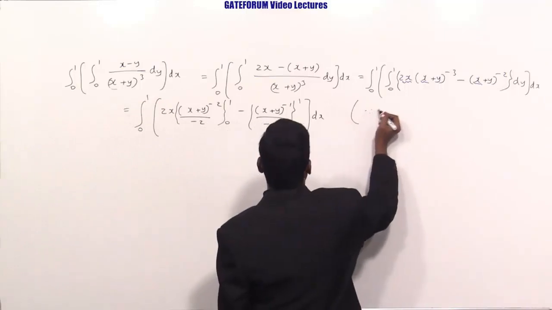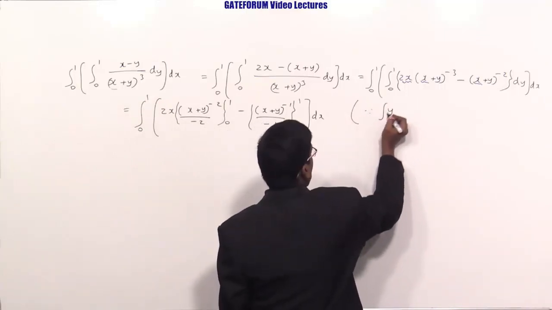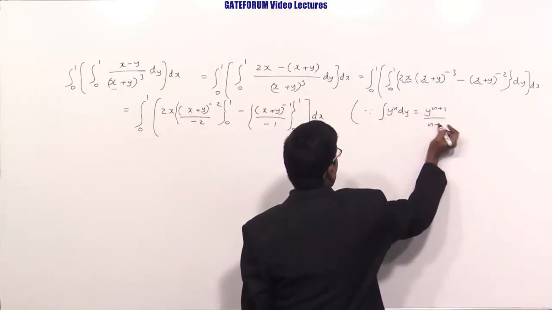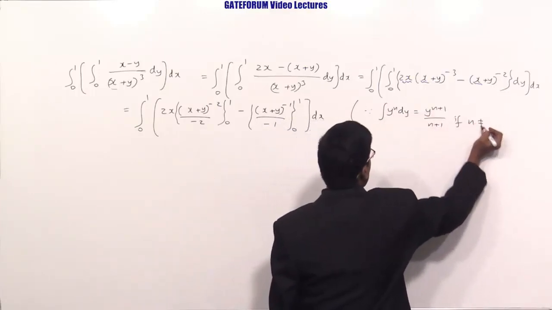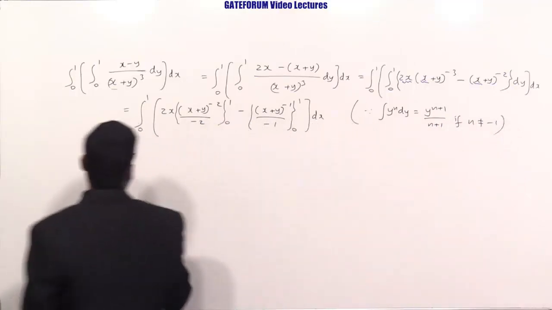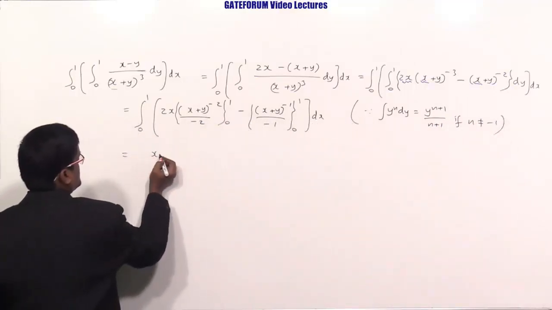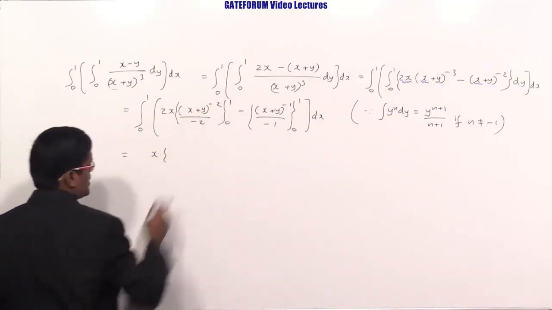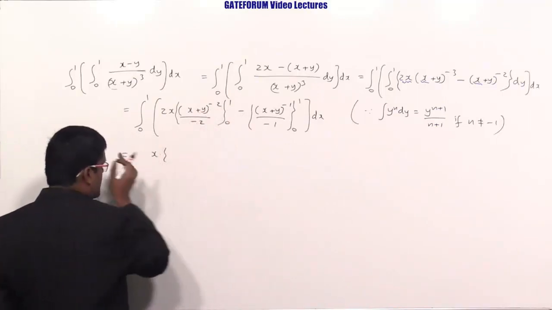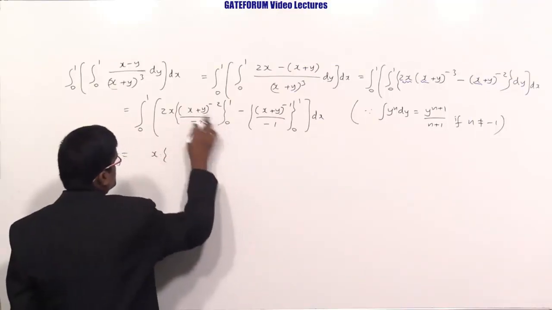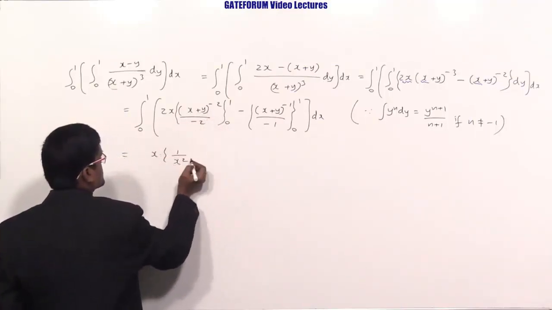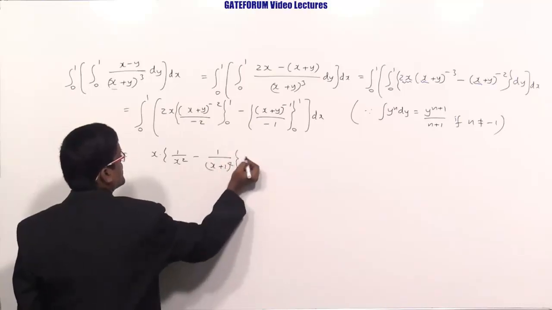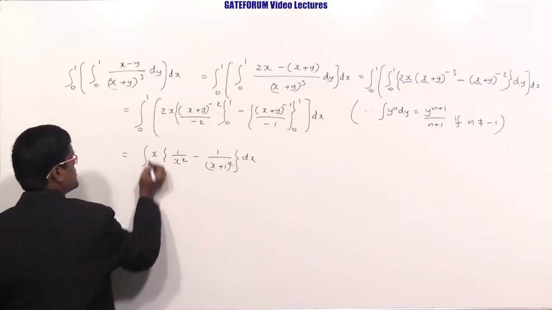Since integral y to the power n dy is equal to y to the power n plus 1 divided by n plus 1 if n is not equal to minus 1. So 2 minus 2 cancelled, then x into, this simplifies to, first substitute in place of y the upper limit 1, then lower limit 0, so this simplifies to 1 by (x plus 1) whole square minus 1 by x square, dx between the limits 0 to 1.